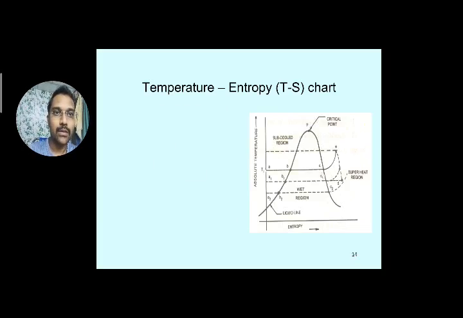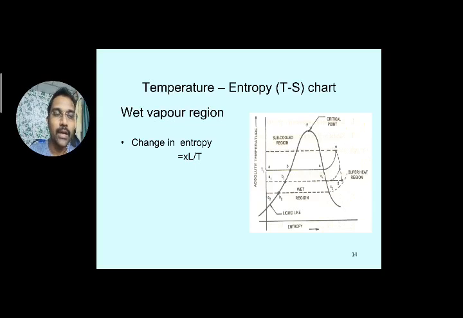Next, the second region, the wet vapor region. The change in entropy is x into L by T, where T is the absolute temperature and L is the latent heat. The entropy of total wet vapor is represented as SW.